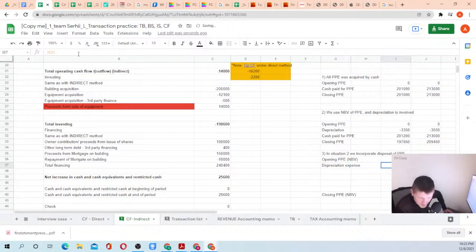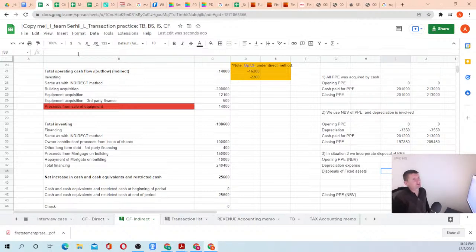Okay, so depreciation decreases. Now we have disposals, disposals of fixed assets. And for that disposal, we kind of have to know that number.